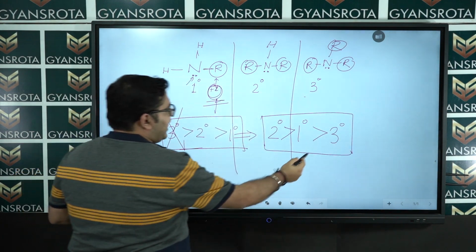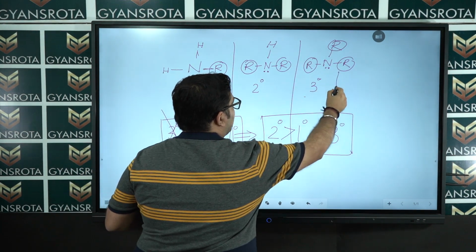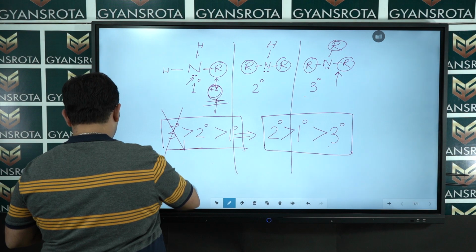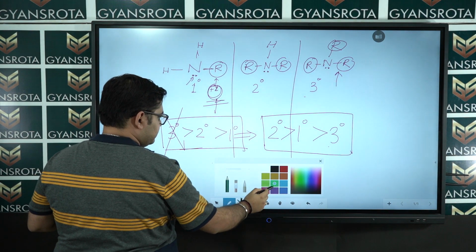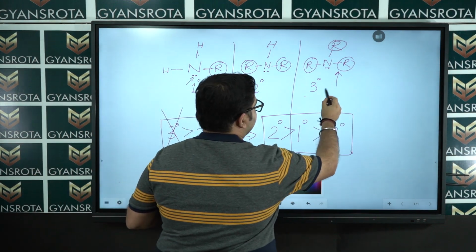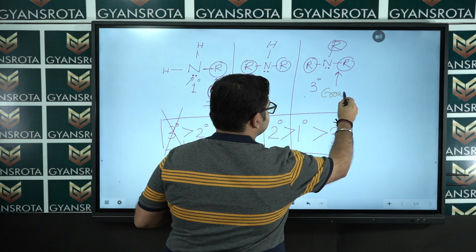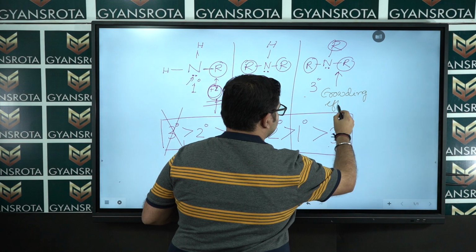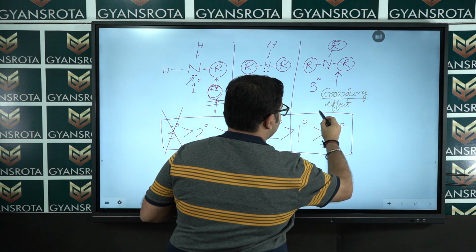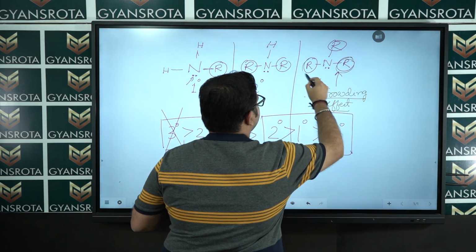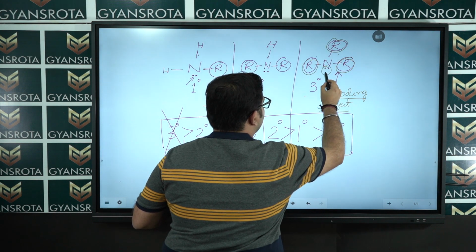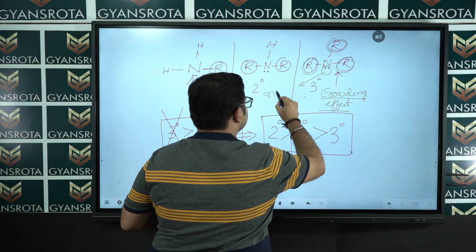So, why does this happen? Because of the crowding effect. And who creates this crowding? Your R groups are creating this crowd, and due to this crowd, the lone pairs are not easily available.